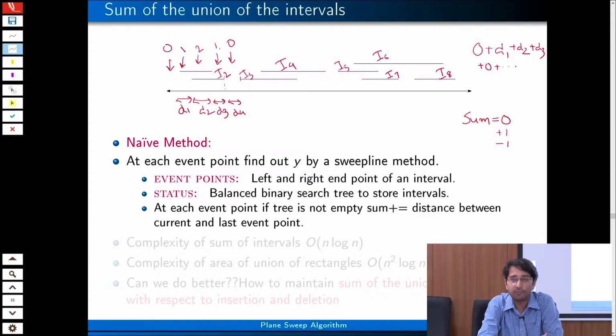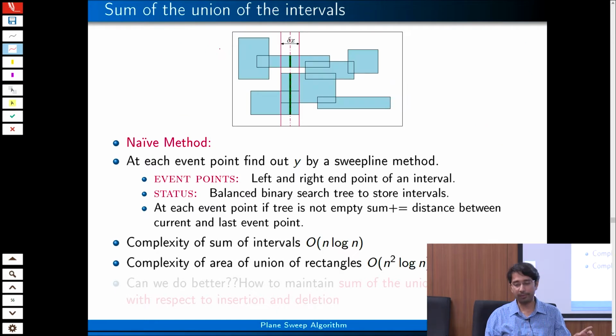Do you need a balanced binary search tree? No. Just a simple count will suffice. We are just interested in whether there exists an active interval or not. Right?